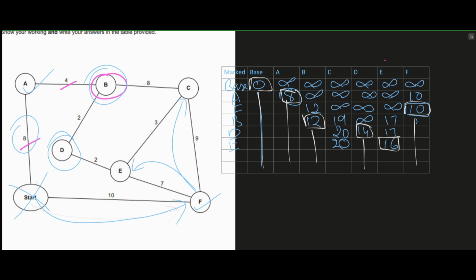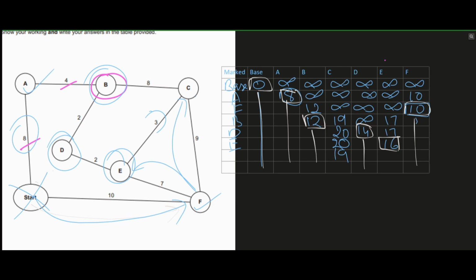So E. Then I'm currently over here, and I can go to C or F. C is not done, so 16 plus 3 is 19.